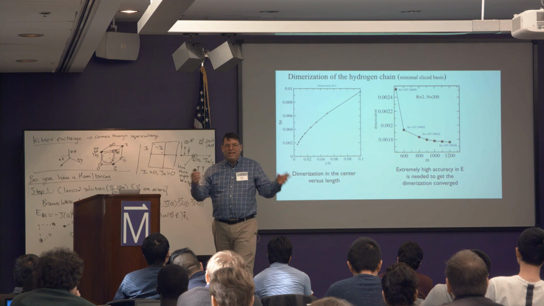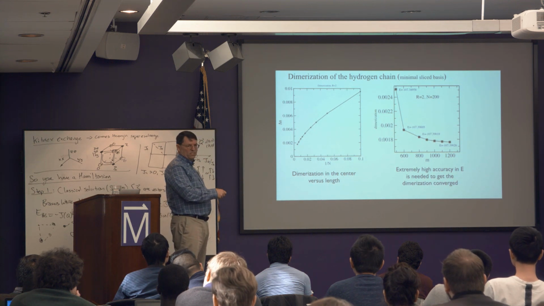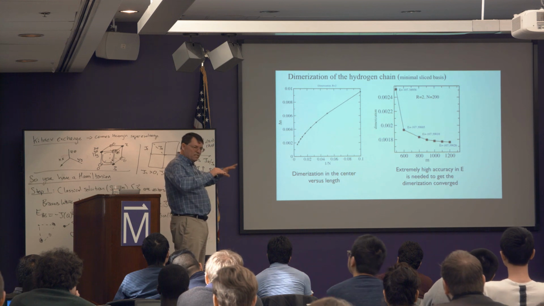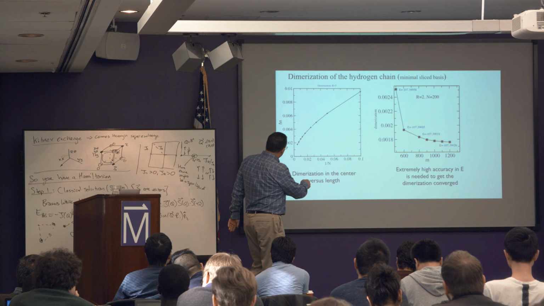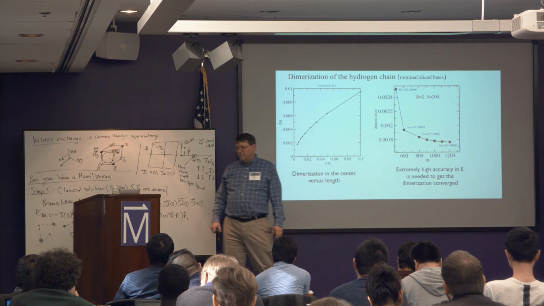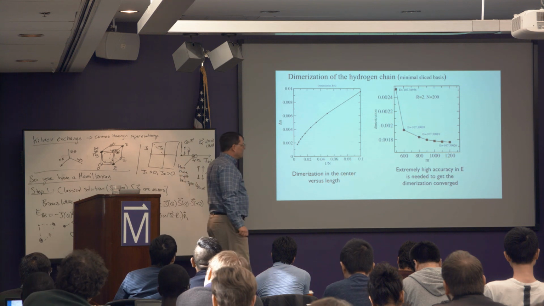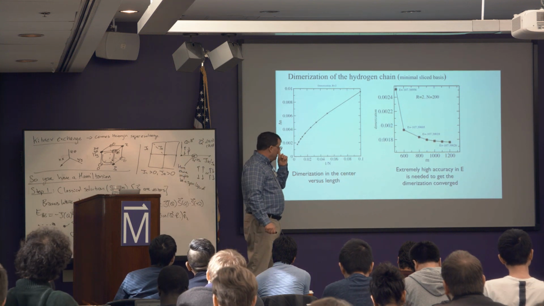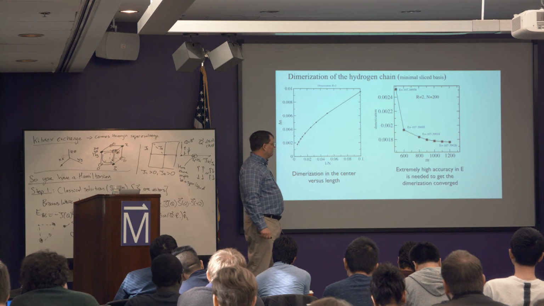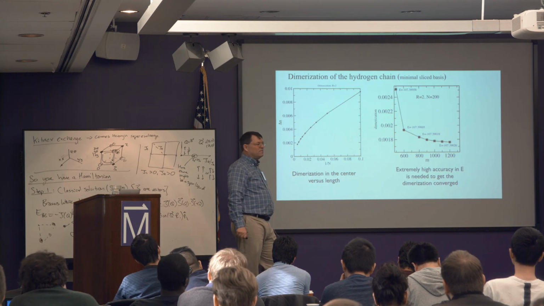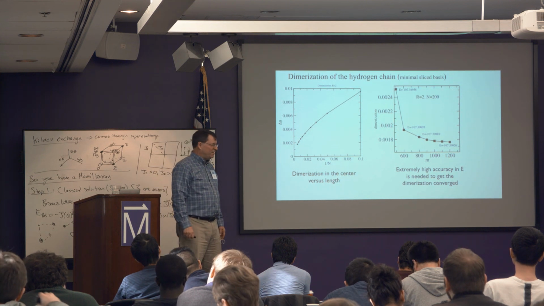So we're trying to get like 8 digits or so, and that's what's needed to make the dimerization come out very precisely, because it has a lot of quantum fluctuations, so we can make a curve like this. But it's not per atom, it's for 100 atoms. So it's a very tiny energy.